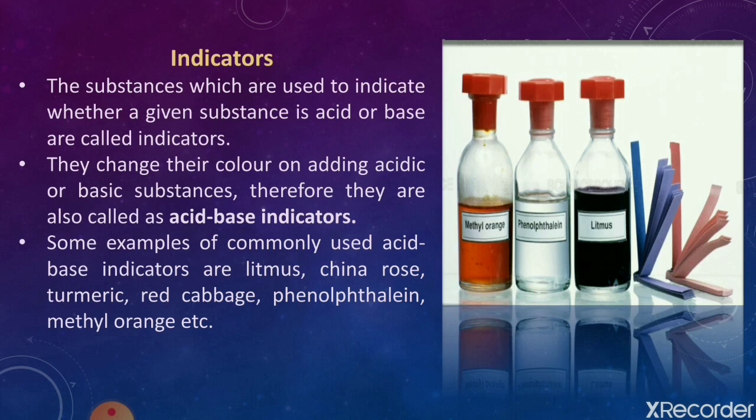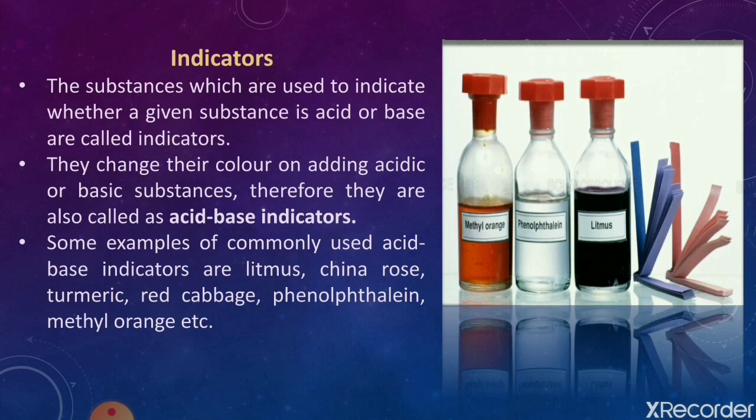Before starting indicators, I just want to remind you about acids and bases. We have studied that acids are sour in taste and bases are bitter in taste. Acids are of two types, organic acids and mineral acids.